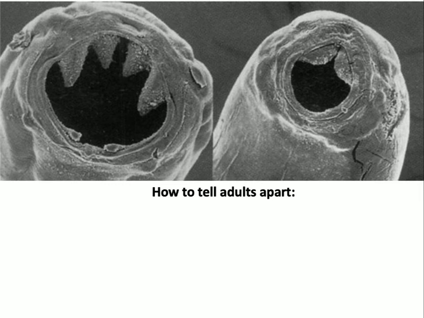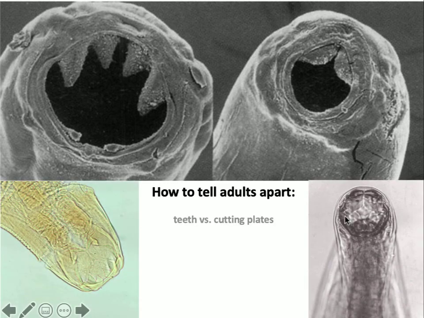So some species, Necator americanus specifically, has cutting plates, which are these rounded sort of sharp-edged teeth. And then Ancylostoma duodenale actually has visible, sharp, pointy little shark teeth in here. So you're going to look for the teeth in Ancylostoma or the cutting plates in Necator.